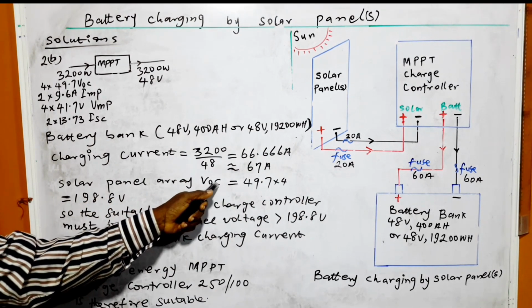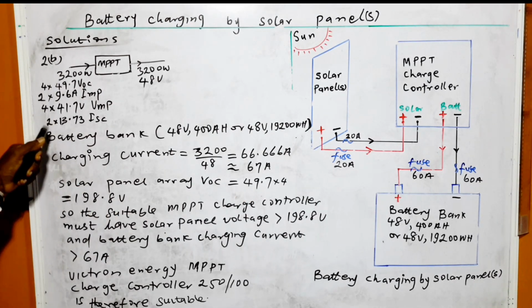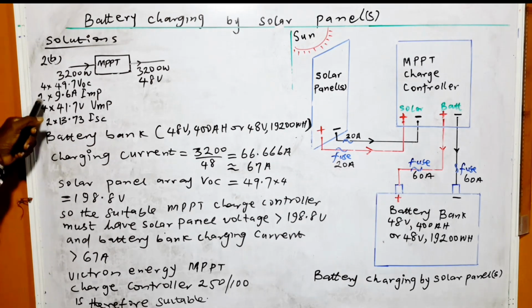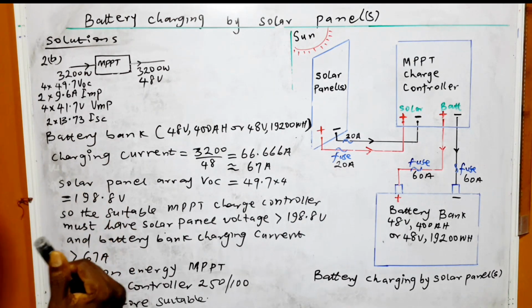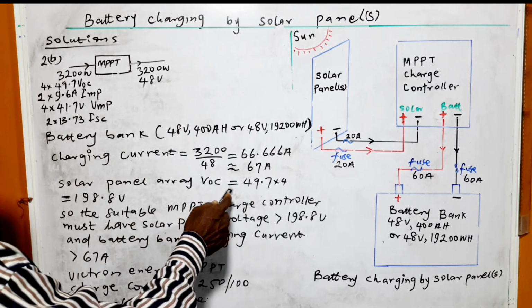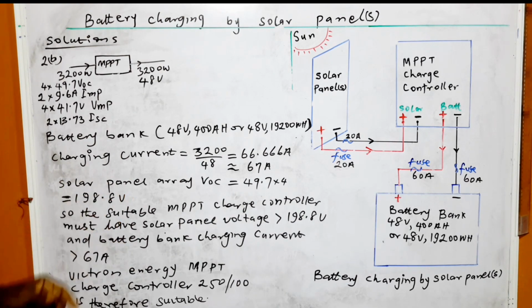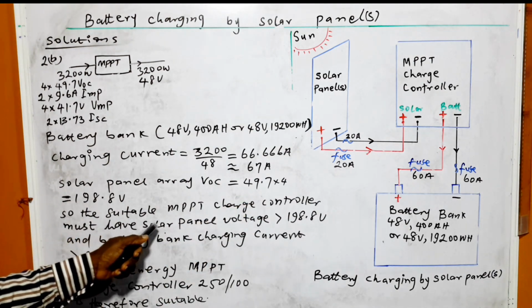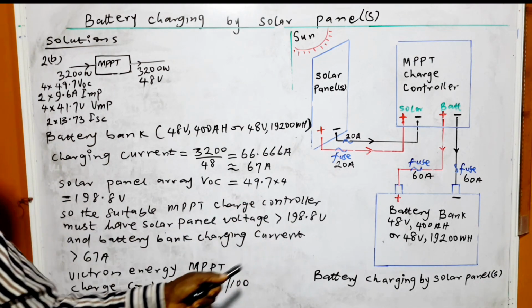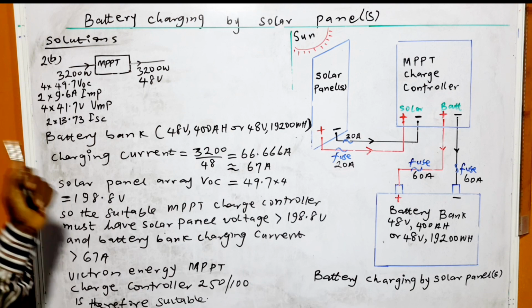The solar panel array open circuit voltage is this, according to the 49.7 here, which is the data from the manufacturer. So we calculate it for the array to be this. The suitable MPPT charge controller must have a solar panel voltage rating greater than 198, that is, greater than the open circuit voltage of the solar panel array.